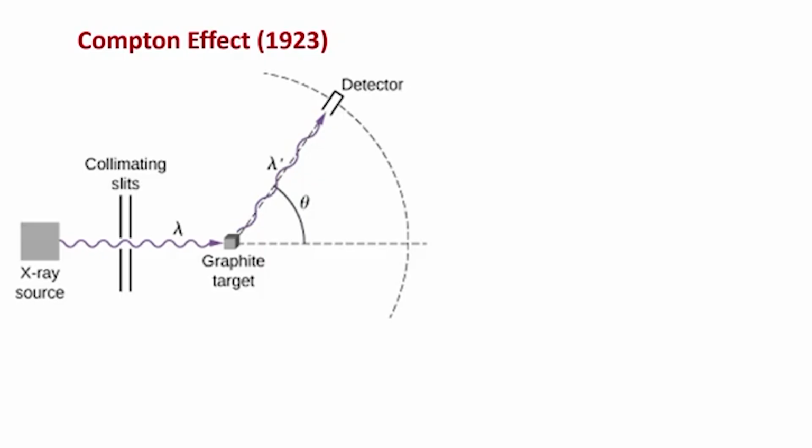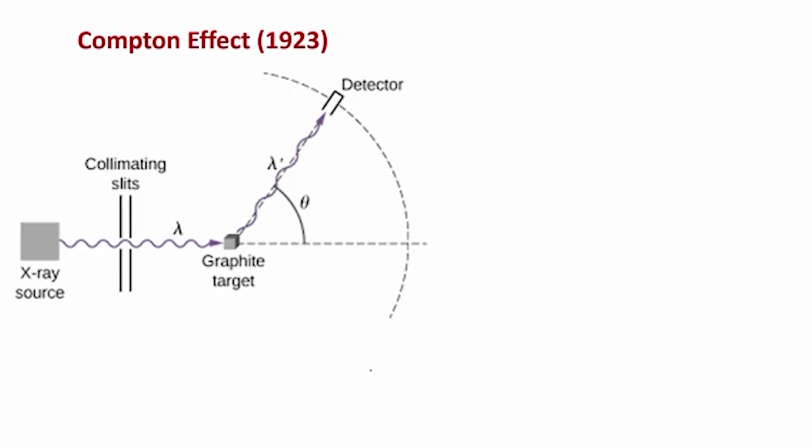The incoming photon has a wavelength lambda and the outgoing photon has a wavelength lambda prime, and the angle by which it is scattered is called the scattering angle, and the detector is kept at that angle. So, you can understand the detector can be placed anywhere on these dashed lines, in an angular fashion.